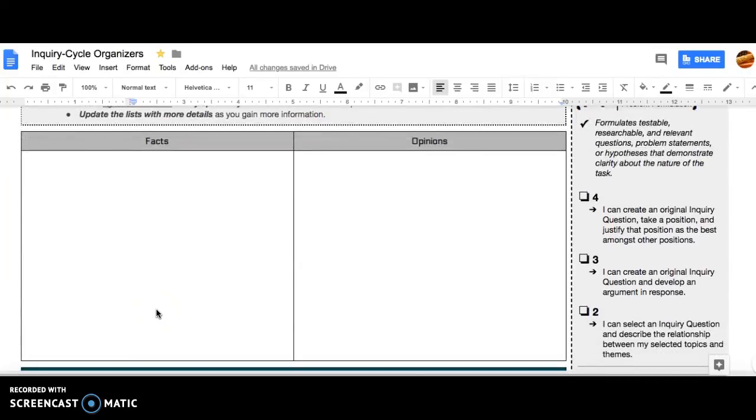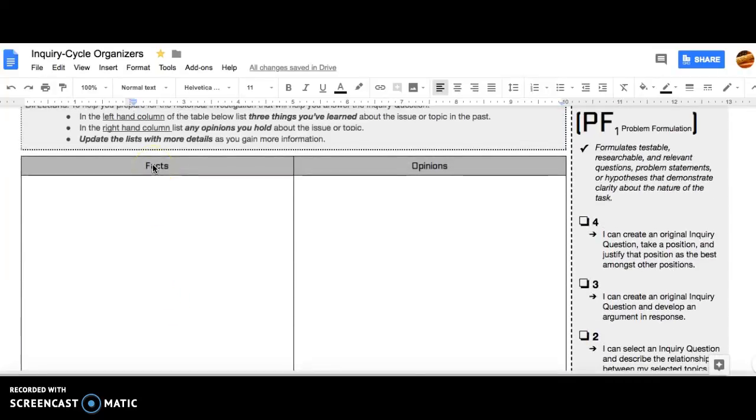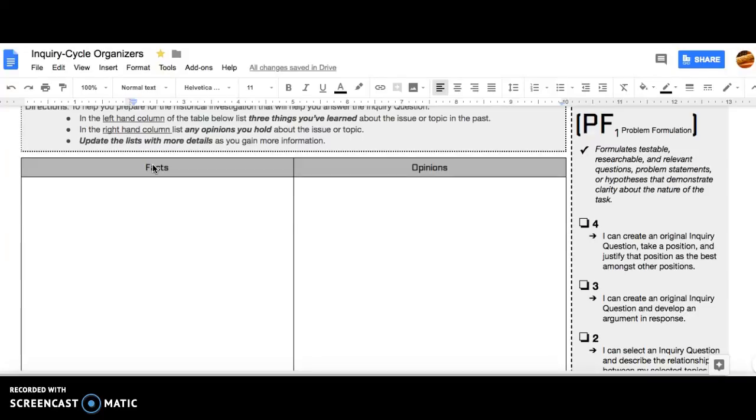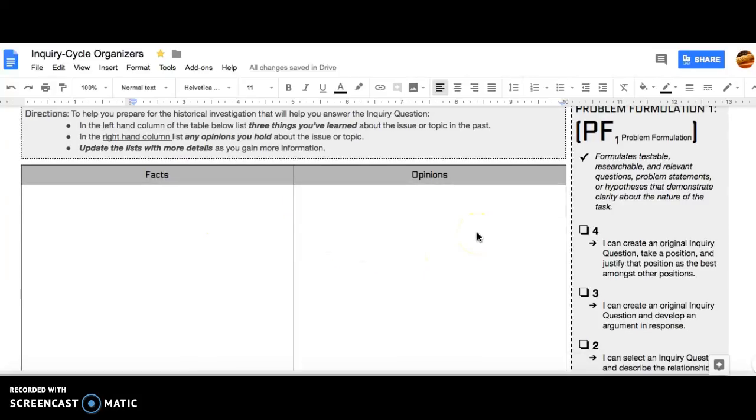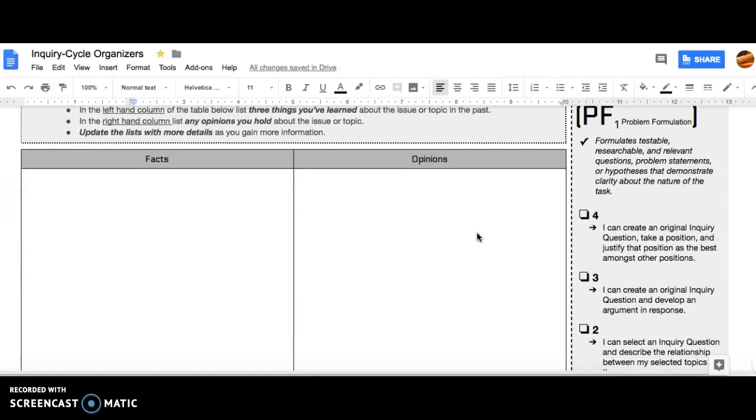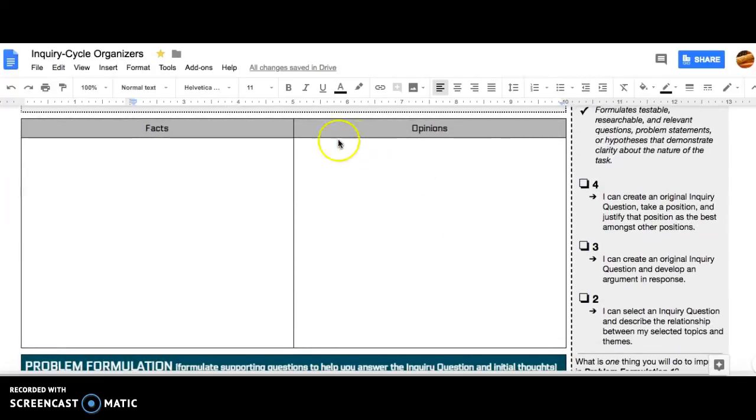This could be things that you've learned in middle school. This could be things that you've known about the topic already, things that you probably just knew about it on your own or from your own research. And in the right column, you are writing down any opinions you already have about the issue or topic.